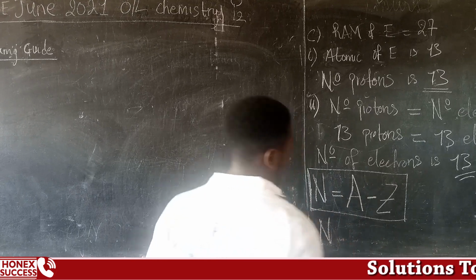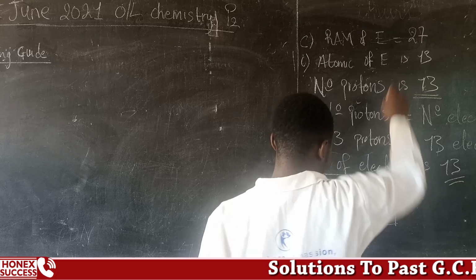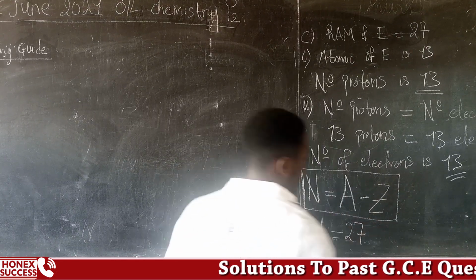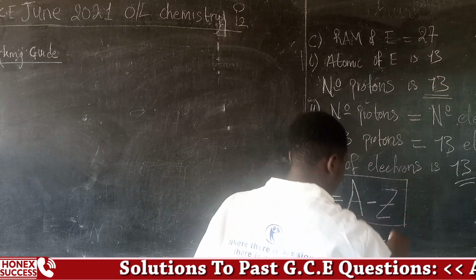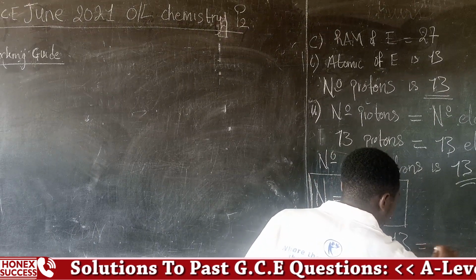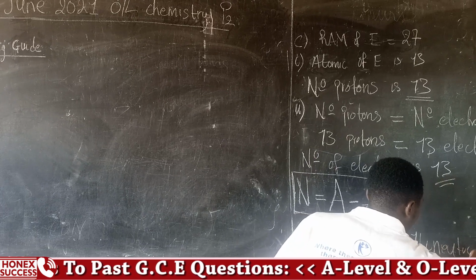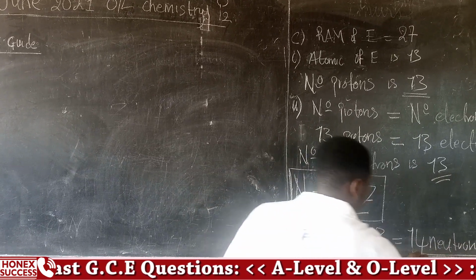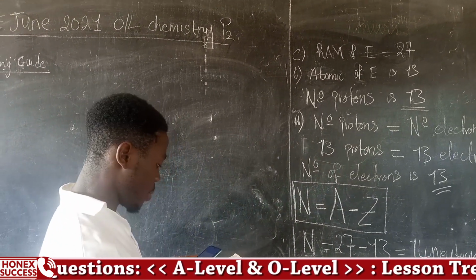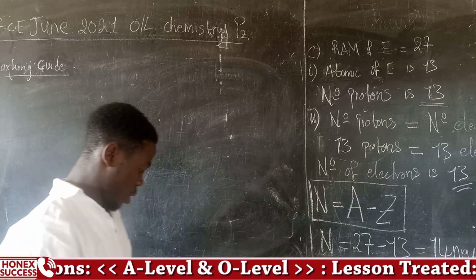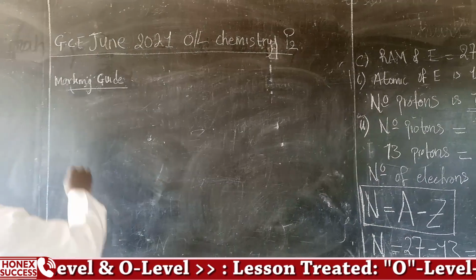If we apply that in this case, our mass number was given as 27 minus the atomic number which we already determined as 13, and this gives us an answer of 14 neutrons. So there are 14 neutrons present in the atom E.